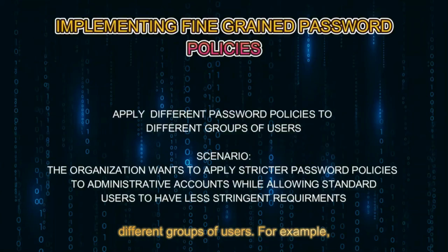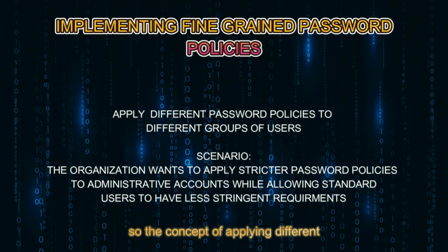For example, your company organization wants to apply stricter password policies to admin users while allowing standard users to have more lenient requirements, or vice versa. You want admins to have less strict requirements and standard users to have stricter requirements. So I'm going to show you how we can implement this security policy.